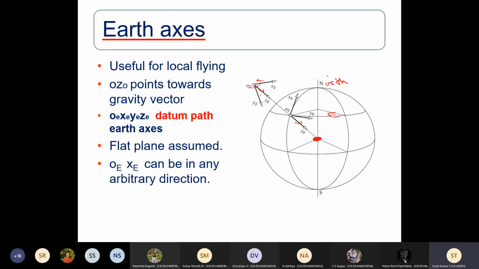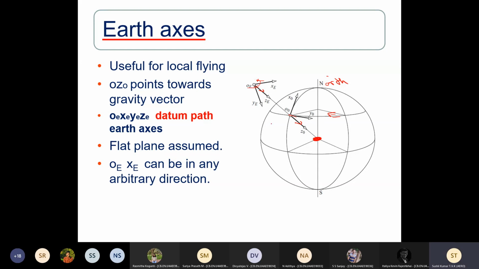Suppose you are writing some equations for something which is moving on the surface of the Earth or any planet, like Mars rover and all, there this ZE is going to be pointing toward the center of that particular planet, and then there is no movement in the vertical direction, or you assume it to be a flat surface.